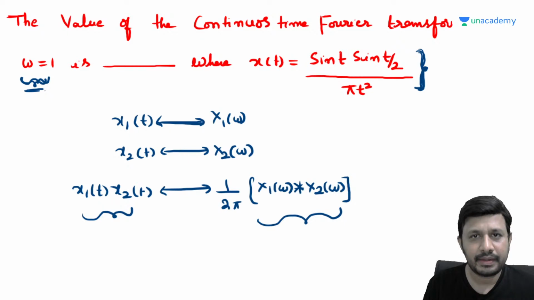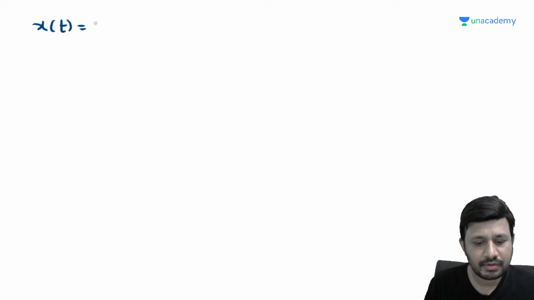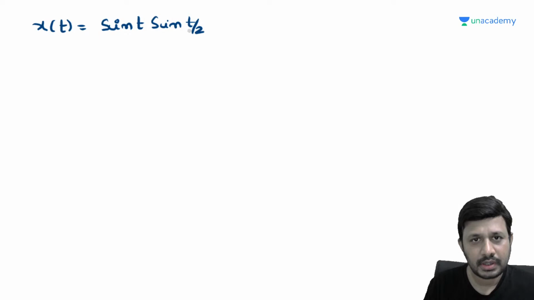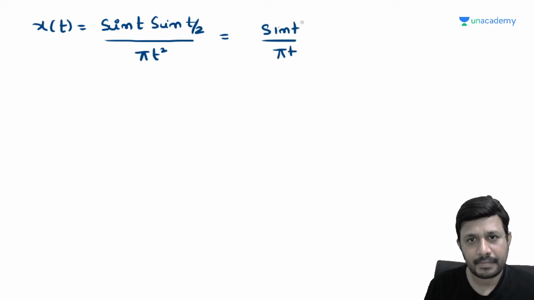Observe here. Now what is the signal given? x(t) is equal to sin t into sin t by pi t square. Now can I write this signal as sin t by pi t multiplied with sin(t/2) by t?